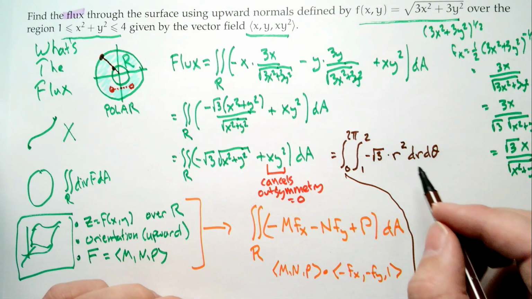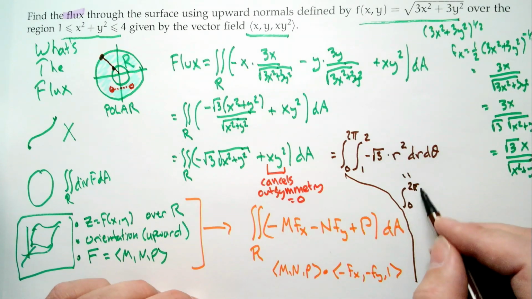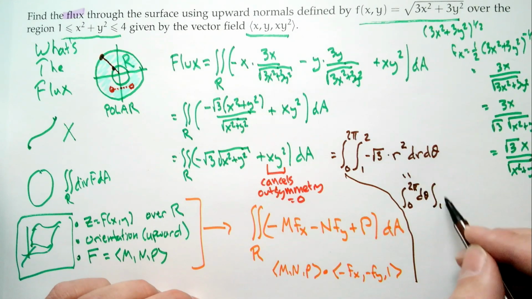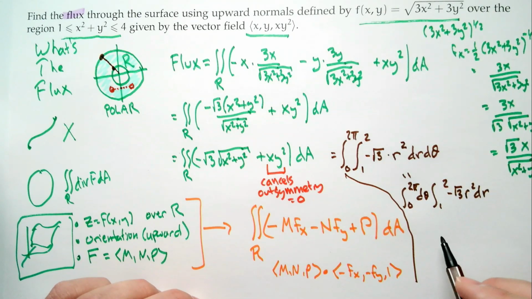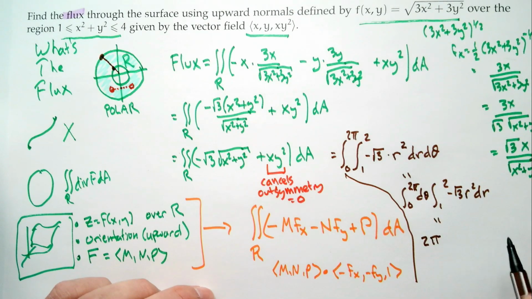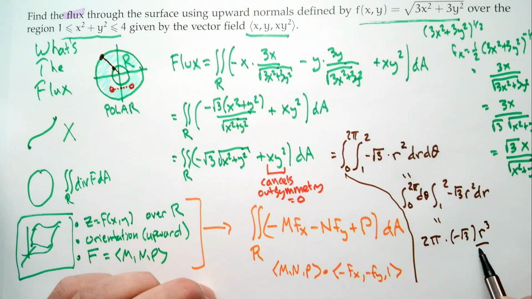Well, this is an integral where you can break it into two parts. 0 to 2 pi d theta, 1 to 2 minus root 3 r squared dr. So the first integral is 2 pi, because it's just 0 to 2 pi d theta. The second integral, well, there's the minus root 3. Then it's r cubed over 3, evaluated from r equals 1 to r equals 2.